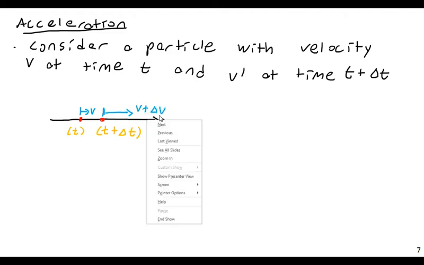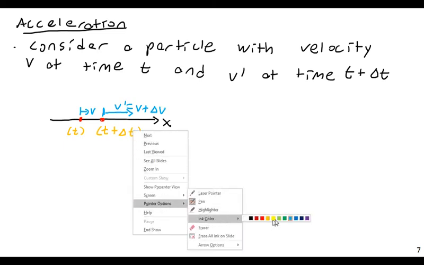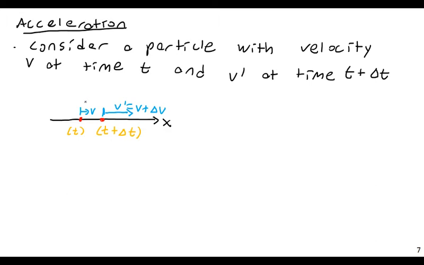All right, so v and delta v. Or I could consider that v prime, so v prime is just equal to v plus delta v. And it would be at coordinates: here it would be p, and here it would be p prime if I wish to use that.